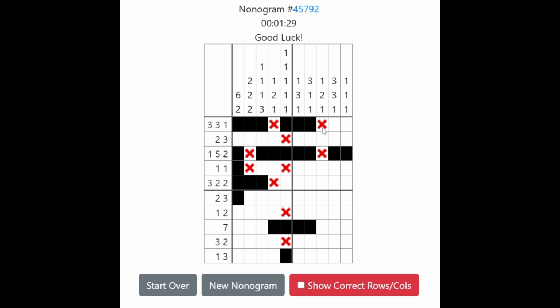Yes, I remember this. Okay. 3. And this could be 2, 2, or it could be 2, 2. So we don't know the configuration yet. But we know this is a 2 and this is a 2. Okay, which means we know this is here. 1, 1, 1. Now we need to have a 3 somewhere here.